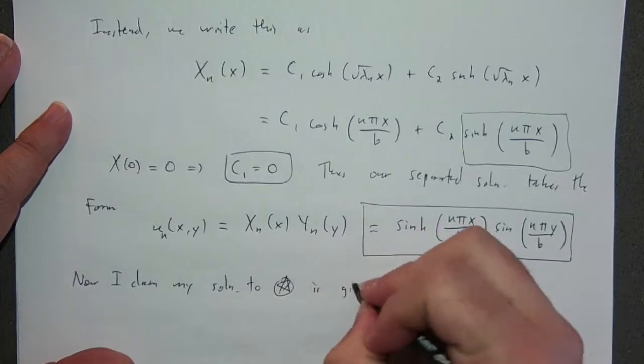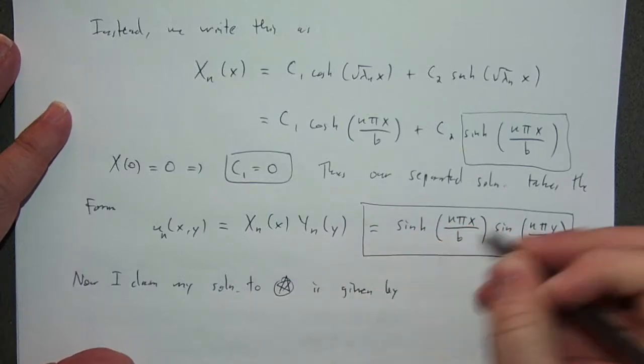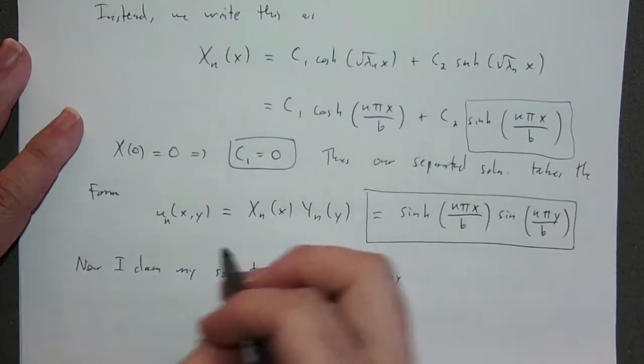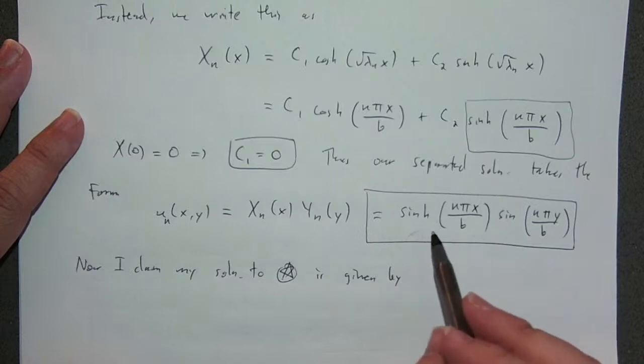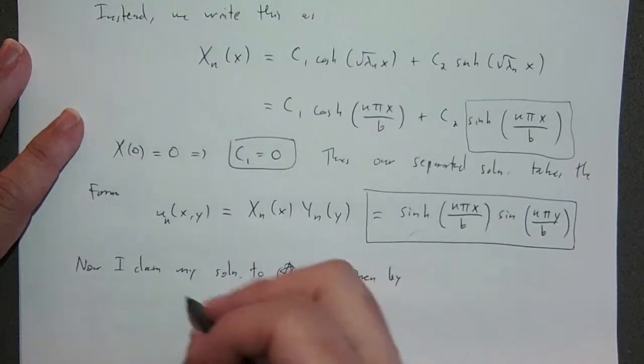So my solution to star is given by an infinite linear combination of these eigenfunctions, this separated solution like this.